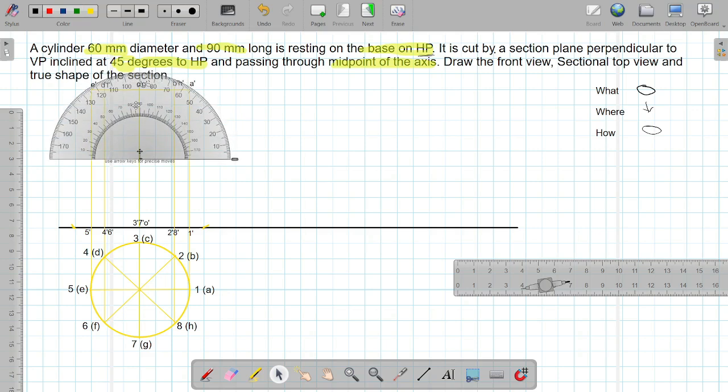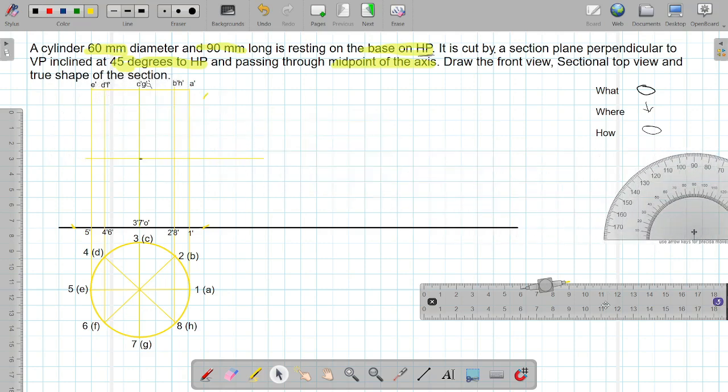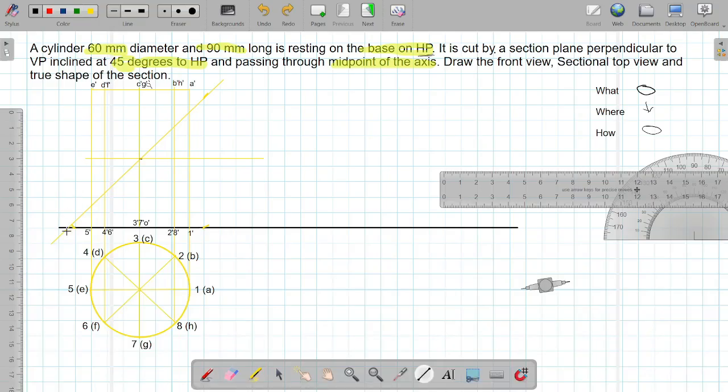This 45 degrees can be taken on the right side as well as the left side because it is not mentioned in the question. Now we will make a section line, and we also have to give a name to the section line. Let us say I will give this name as AA.